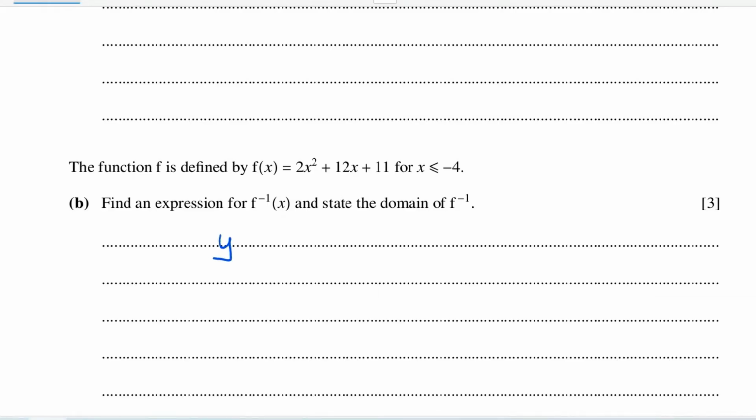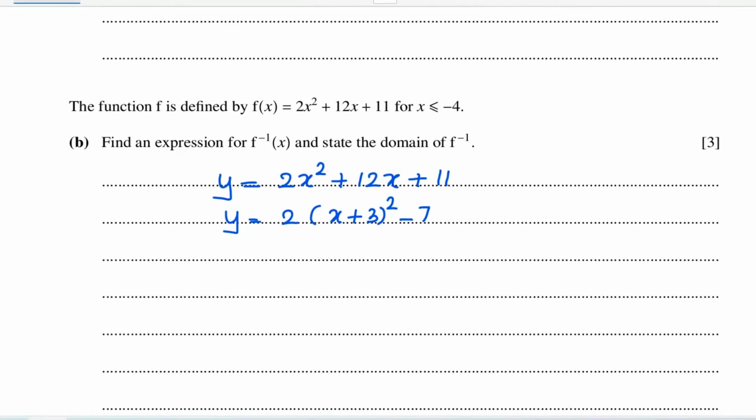So we can write the given function as y is equal to 2x square plus 12x plus 11, and this can be written as y is equal to 2 multiplied by x plus 3 the whole square minus 7.